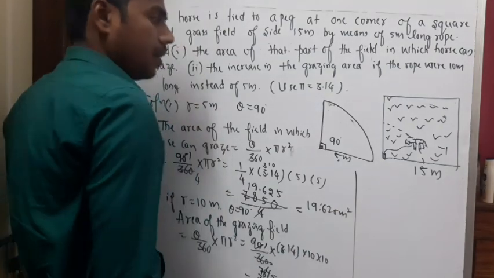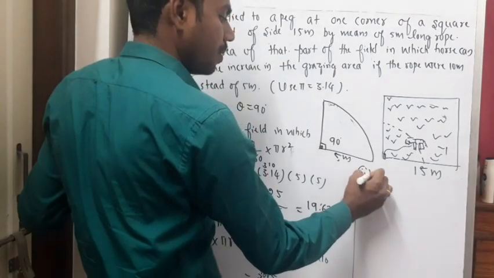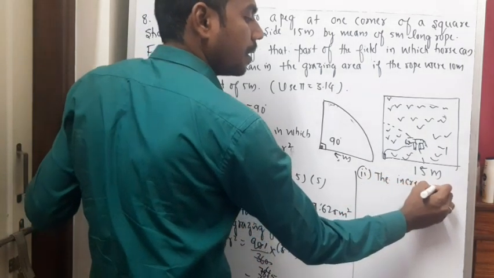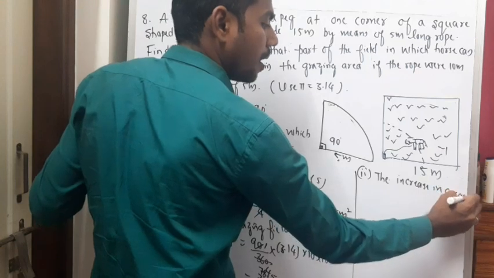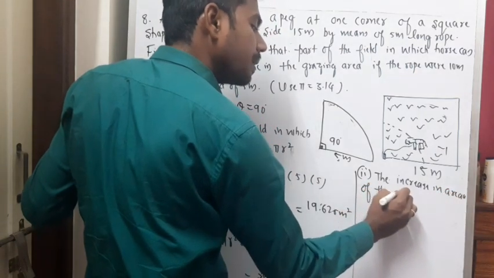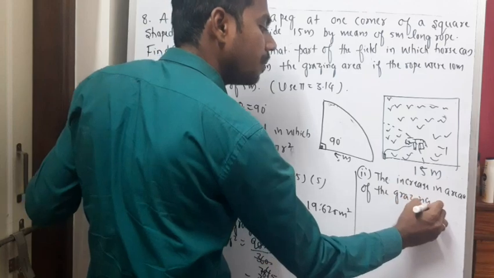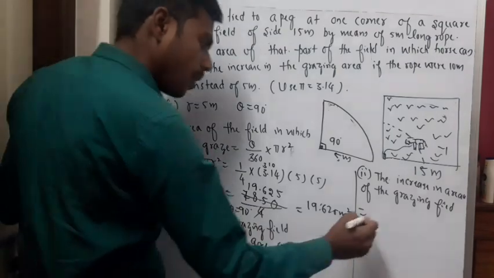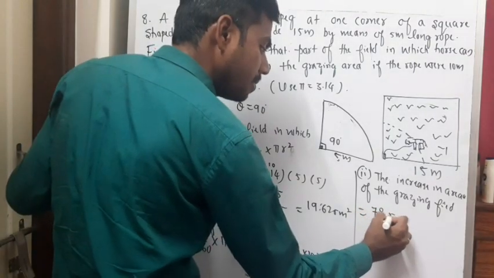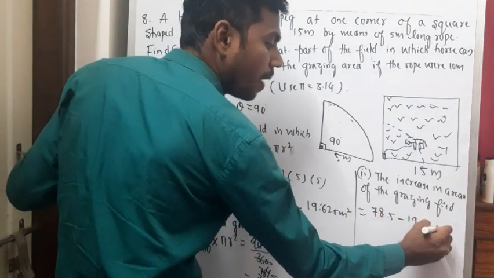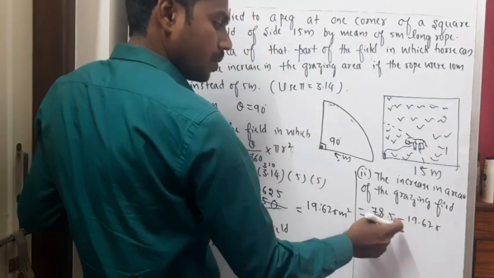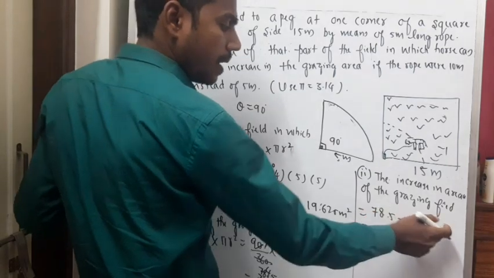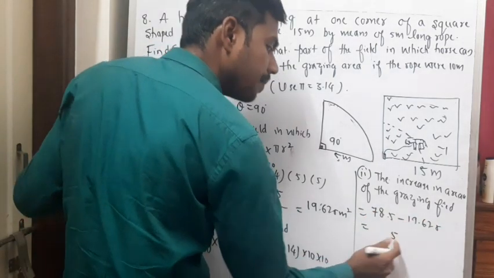Now, the increase in area of the grazing field is equal to the difference between these two areas, that is 78.5 minus 19.625. If nothing is there, it's 0. 0 minus 5 means 10 minus 5, 5.